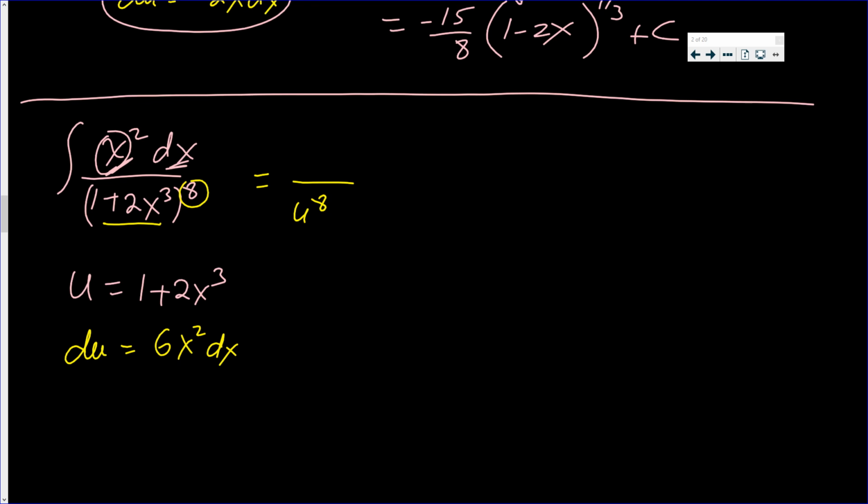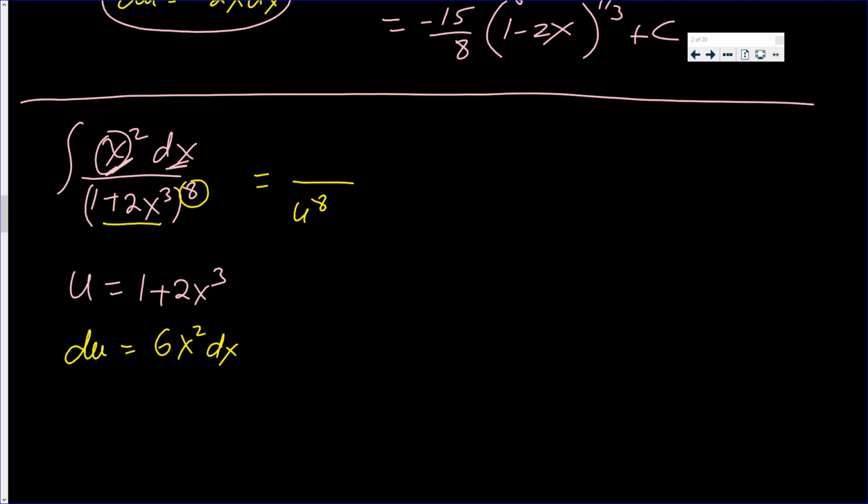Put it in and multiply by the reciprocal. So there is the 1 over 6 that I just put in. There's my 1/6. I took care of that. 6x squared dx is du, and the bottom is u to the 8.